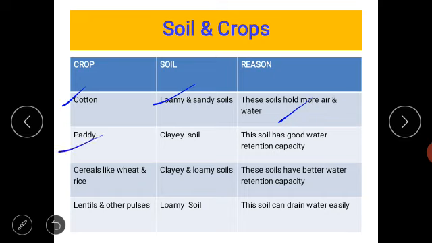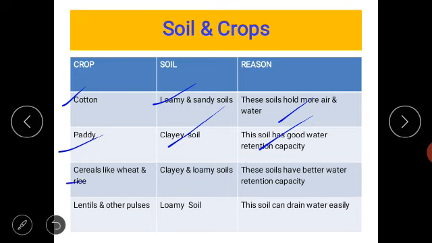Paddy crops like rice are grown in clay soil, and the reason is this soil has good water retention capacity and holds much water, and rice is a paddy crop which needs more water.